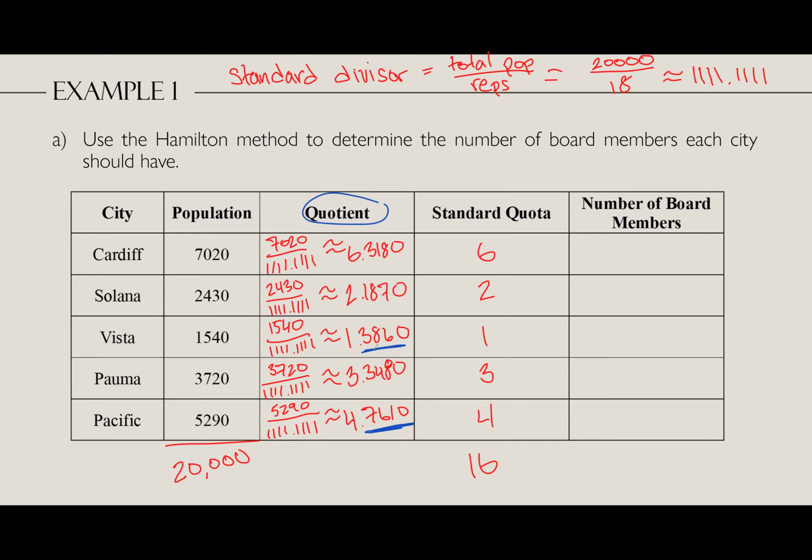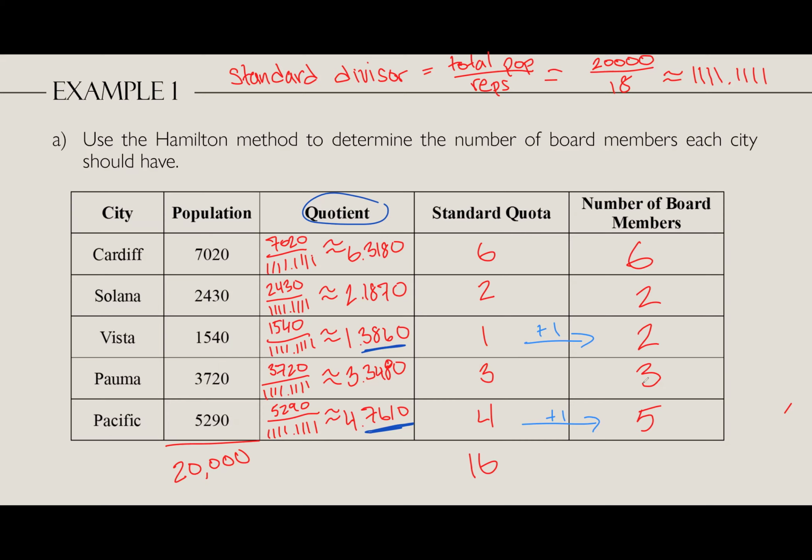So I'm going to add 1 to their portion. Therefore, instead of Vista getting 1, they're going to get 2. And Pacific, instead of 4, they're going to get 5. And then the leftovers, well, they get the same amount.